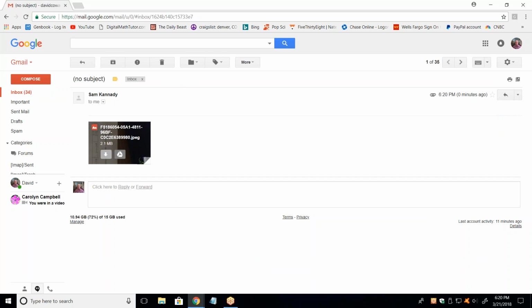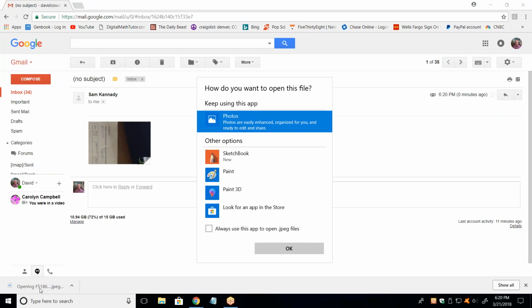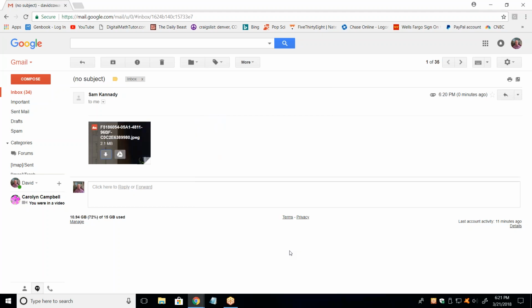If I can download that. Now if I can download it, oh, that's sideways. I can send you a vertical picture. The problem is it doesn't know how to look at that JPEG file. Let's look at it as a photo. I think looking at it as a photo should work. See what it does.